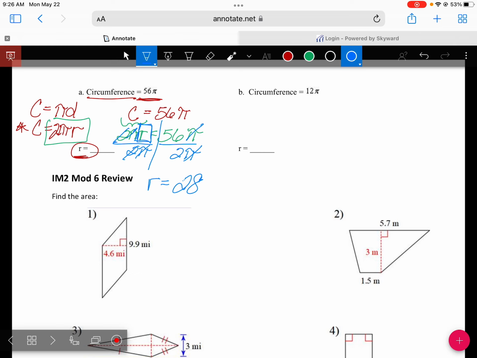I don't know why I always have trouble with that. So my radius is 28. And since it's a length, I could write units, but 28. It's linear because it's the length from the center of the circle out to the edge.